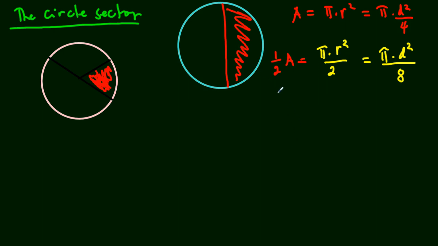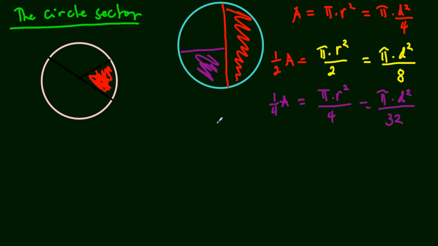So if I have 1/4 of the area, just the 1/4 here, then I have pi times radius squared divided by 4, or pi times d squared, 1/4 of 1/8, that's 32.